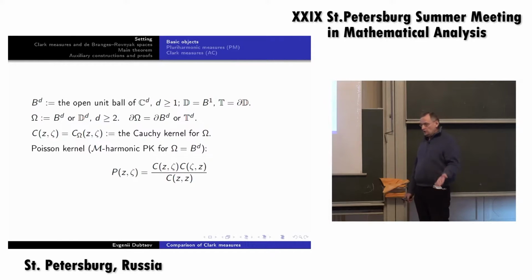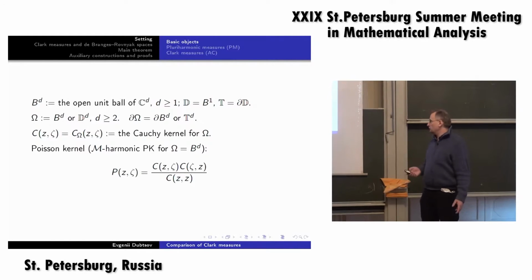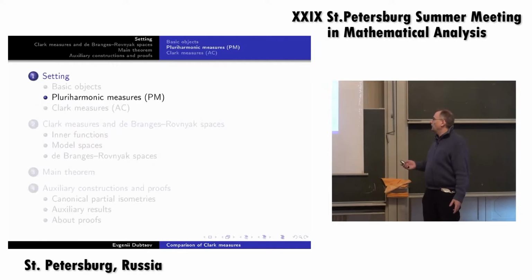So in the polydisk, this is the more or less standard Poisson kernel. And in the case of the ball, often this kernel is called the M-harmonic Poisson kernel. Okay, it's not the real Poisson kernel, but the M-harmonic Poisson kernel.